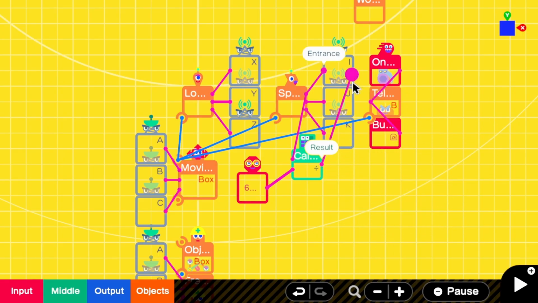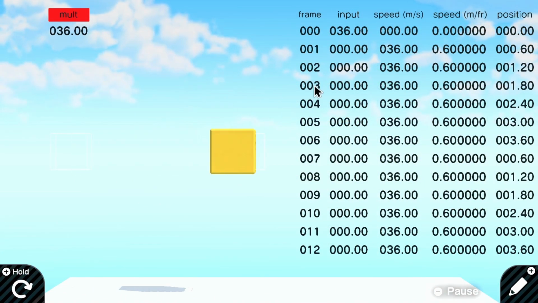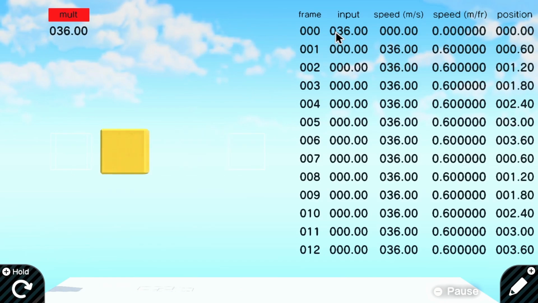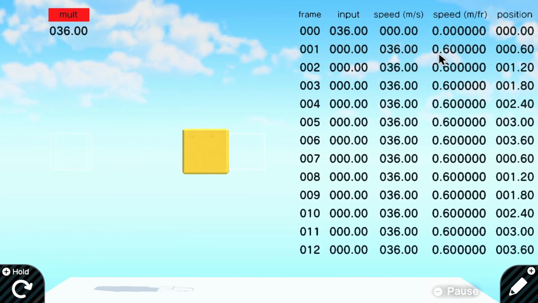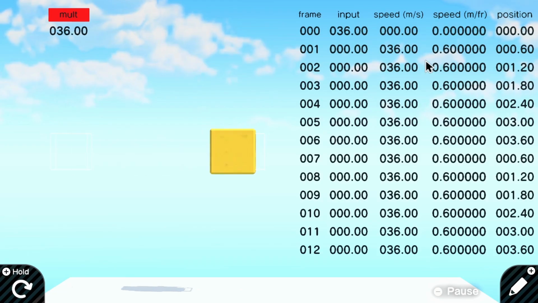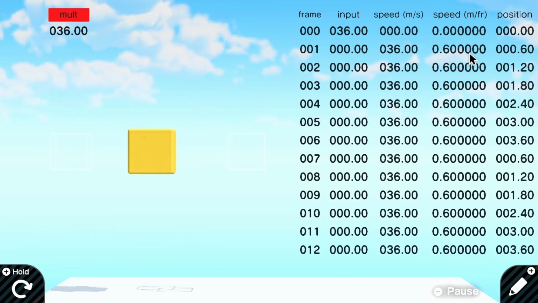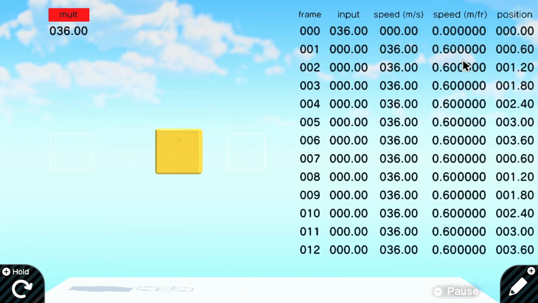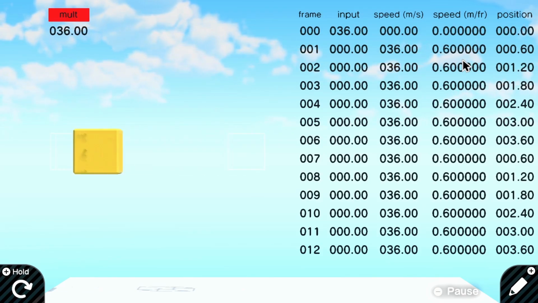If we just add it back here, what will happen is when I press this button, in the first frame it's going to be set to 36.6. Normally after this frame it's going to lose 0.001 meters per frame. But since we also added 0.001, 0.001 minus 0.001 is 0.